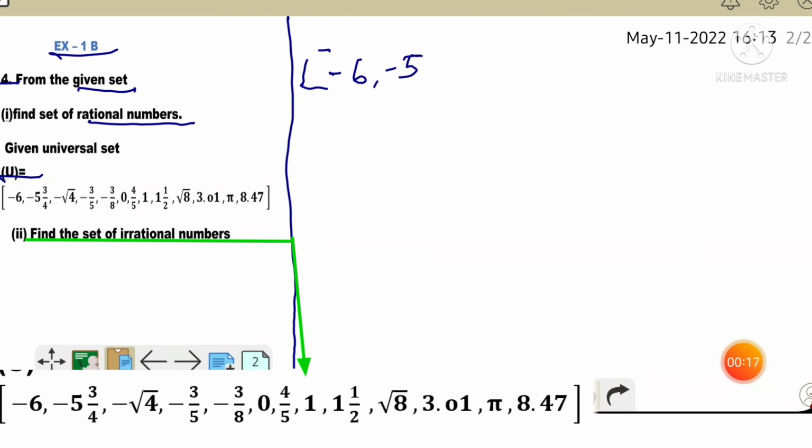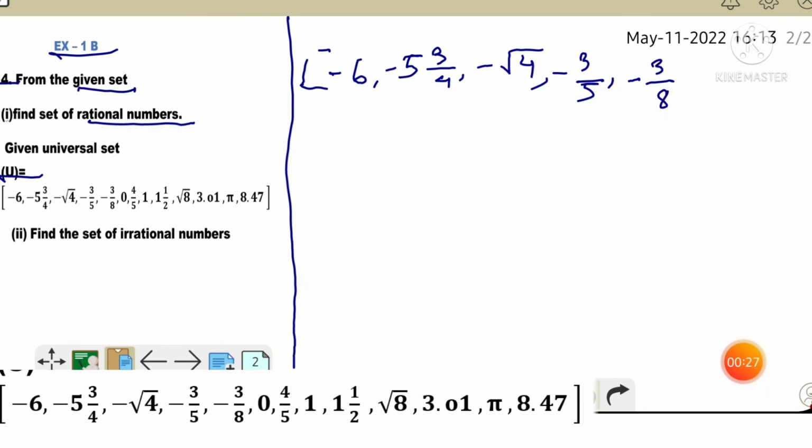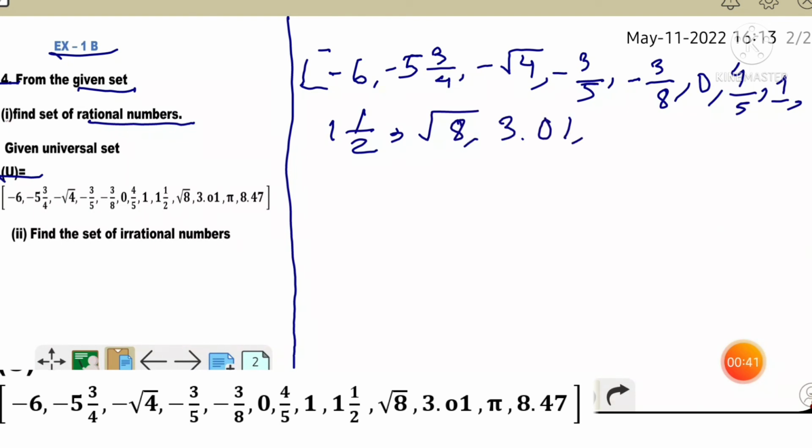The universal set of numbers are -6, -5 3 by 4, minus root over 4, -3 by 5, -3 by 8, 0, 4 by 5, 1, 1 by 2, root over 8, 3.01, pi, and 8.47.